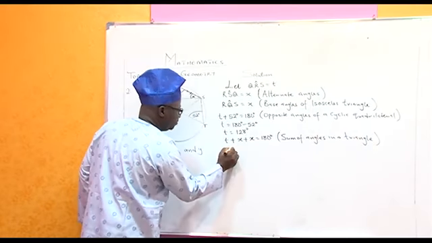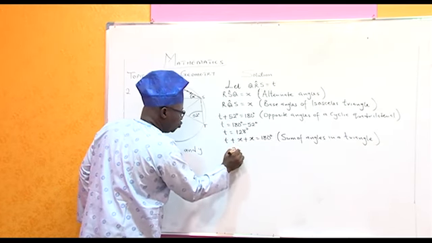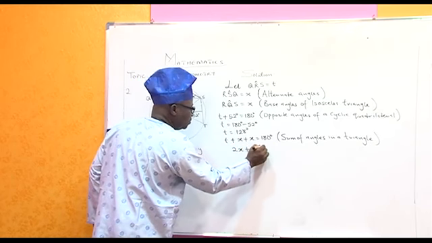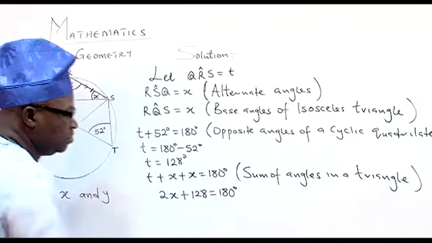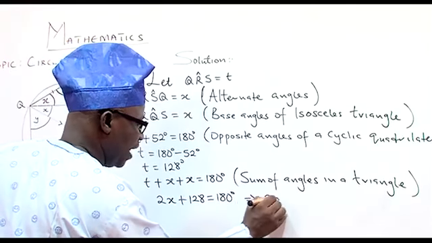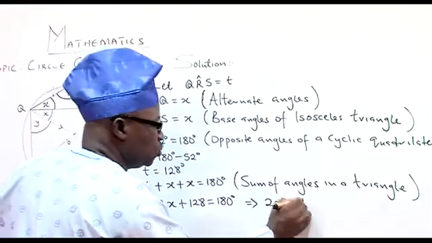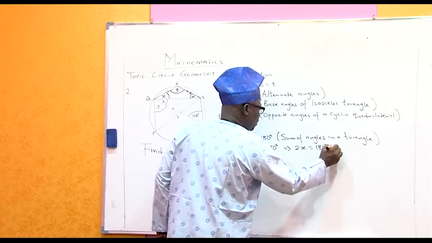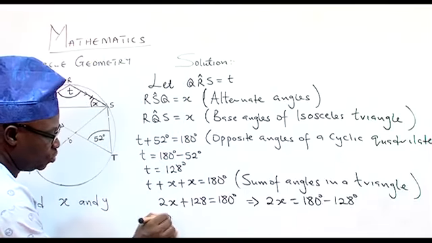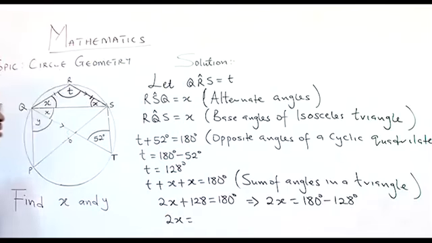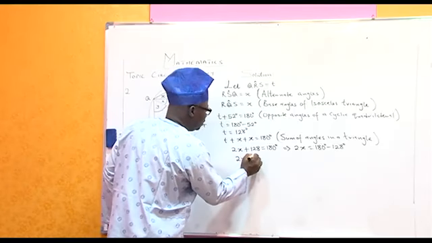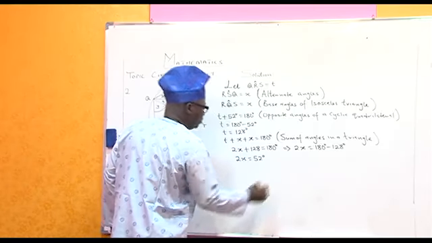So from here, X plus X is 2X. Then T is 128. All is 180 degrees. So from here, we can say 2X is 180 degrees minus 128. And that implies that 2X is 52 degrees.